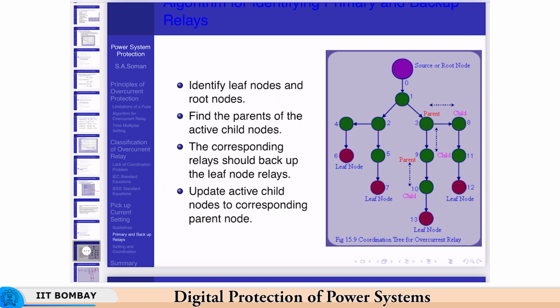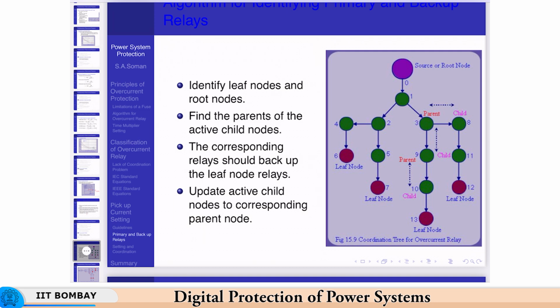Those will be set and so on. But the first step in any coordination is the identification of the parent and child. Some of it is quite clear, but 1 is the parent of 2 and 3, so unless 2 and 3 are set, 1 cannot be set.